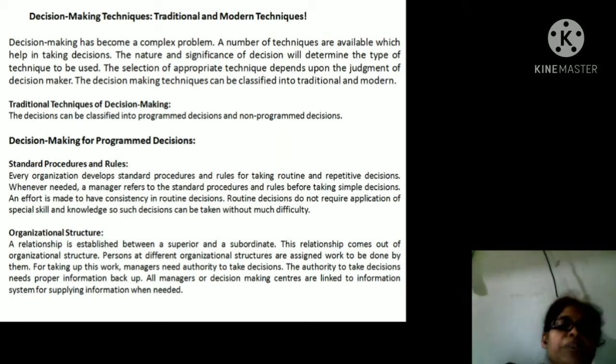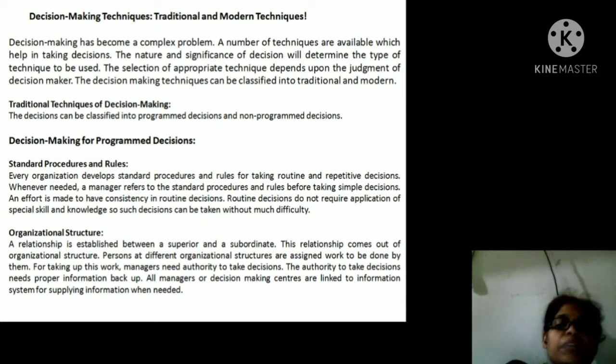These are long-term decisions, exactly related to the business activity of the organization.